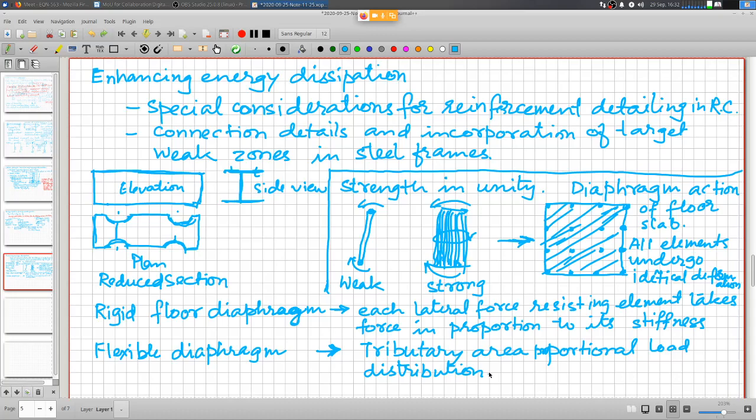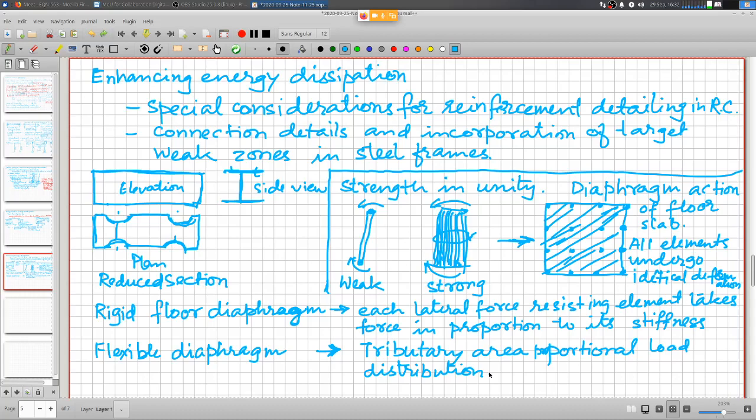Then how much is the tributary area corresponding to each structural element, each lateral load resisting element, and it takes load in proportion to that tributary area associated with each element. So that is what happens if you are dealing with a flexible diaphragm.